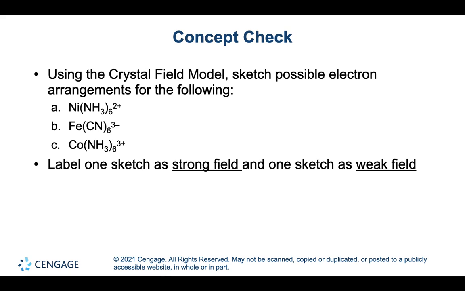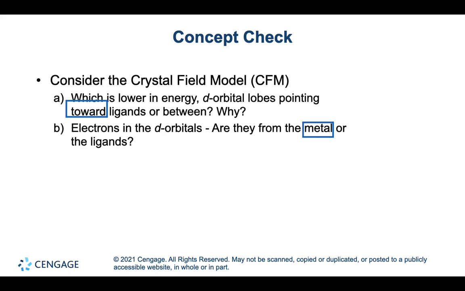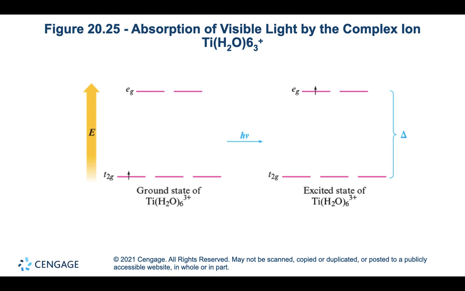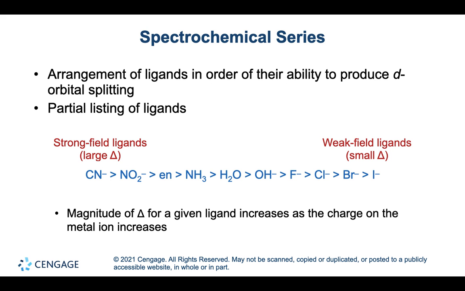So sketching some possible electron arrangements, this would be the nickel +2 ion. Ammonia is, I'd say, a strong field ligand.